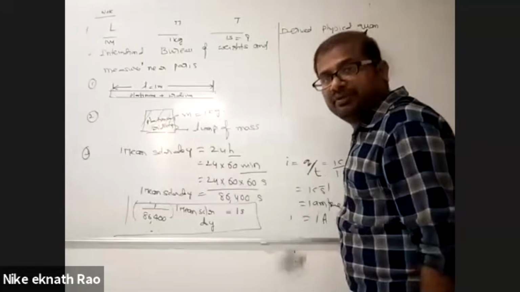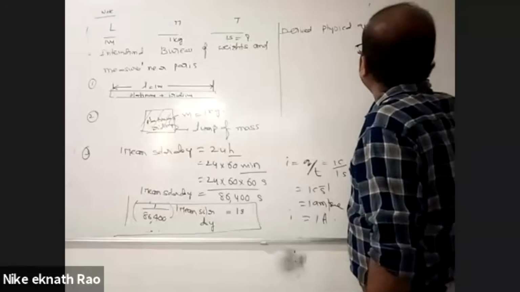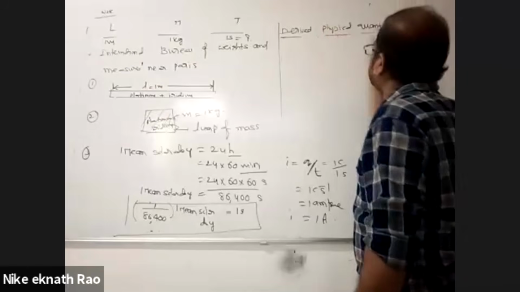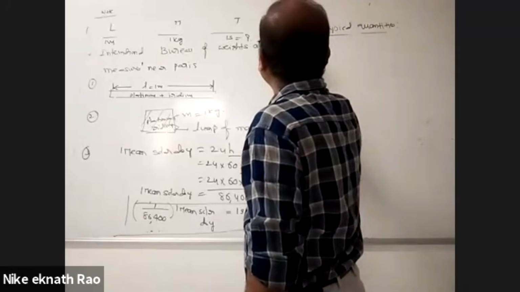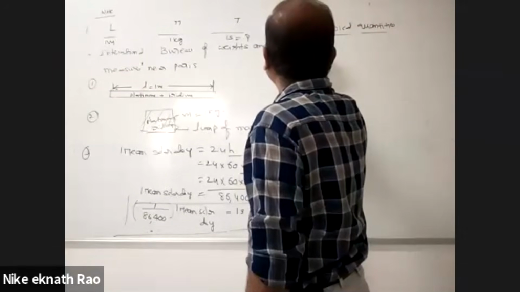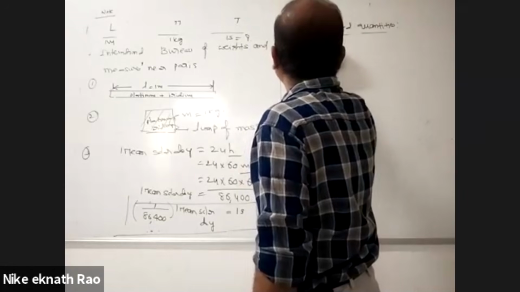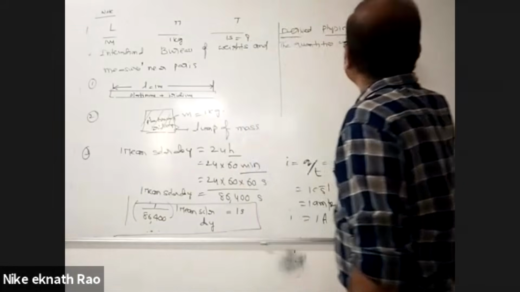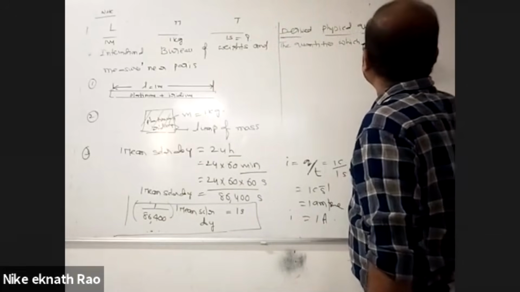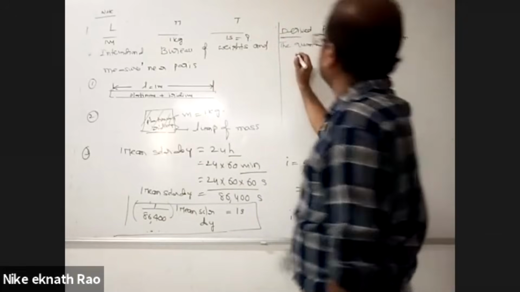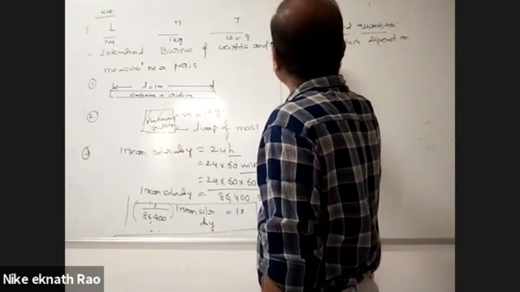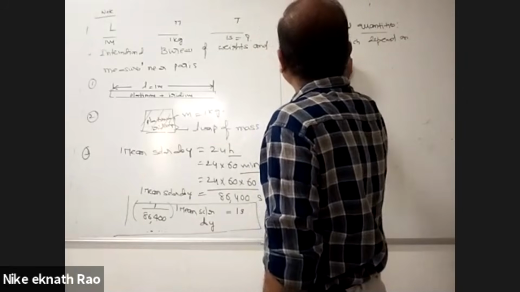Can you see here? Board is visible? Yeah, derived physical quantities.